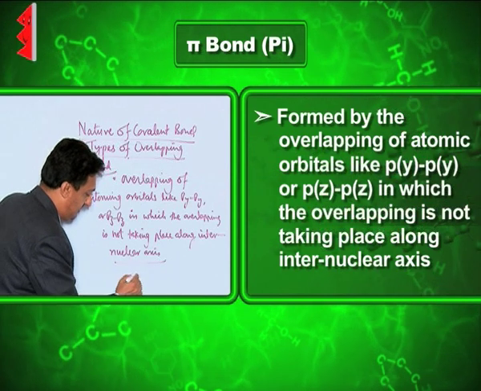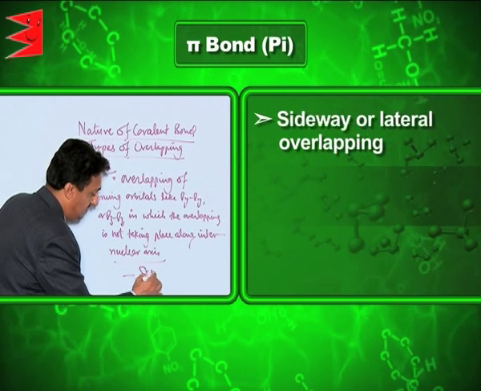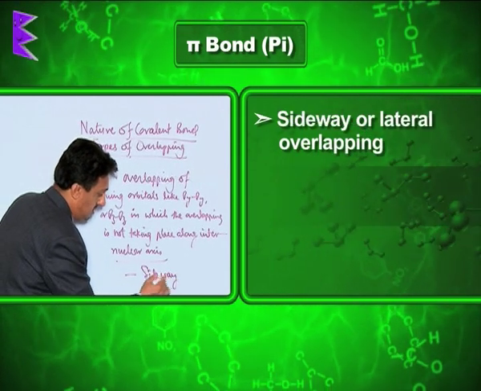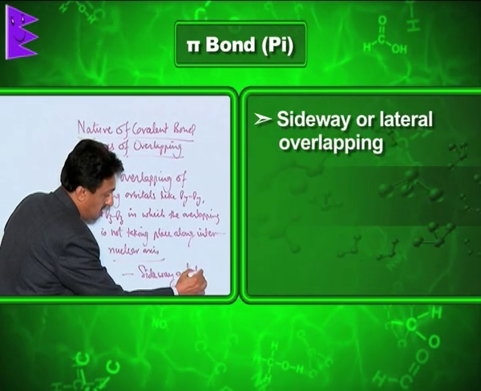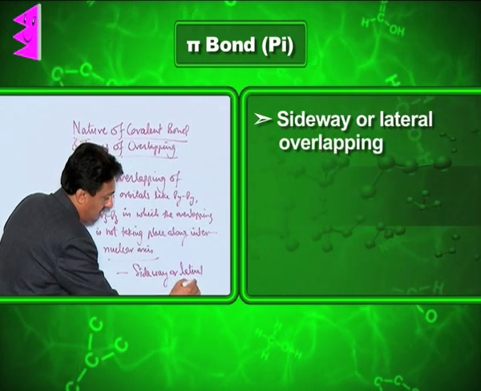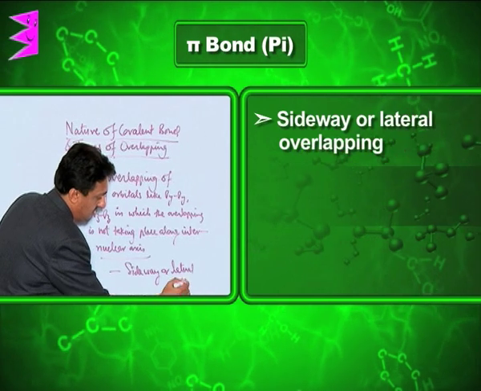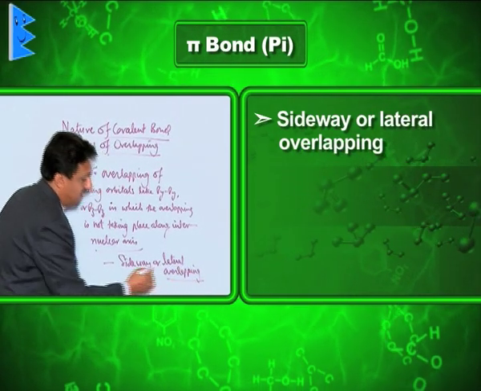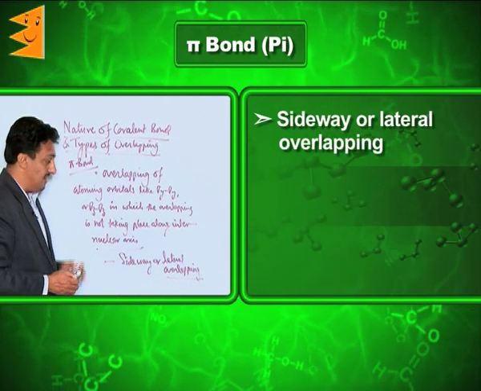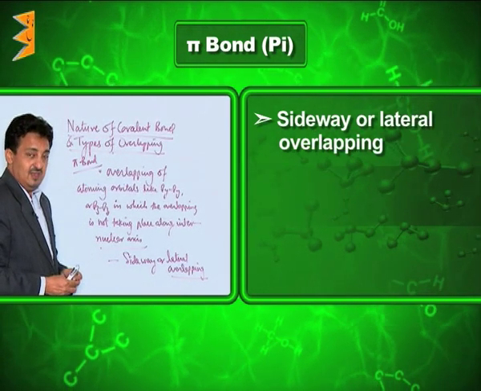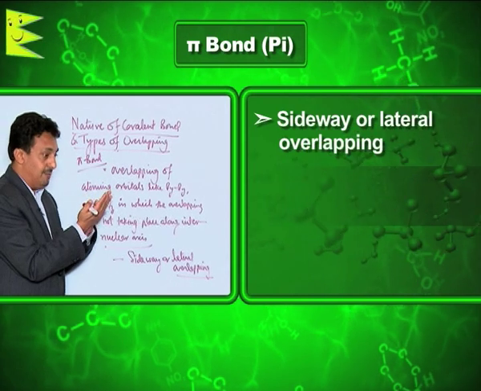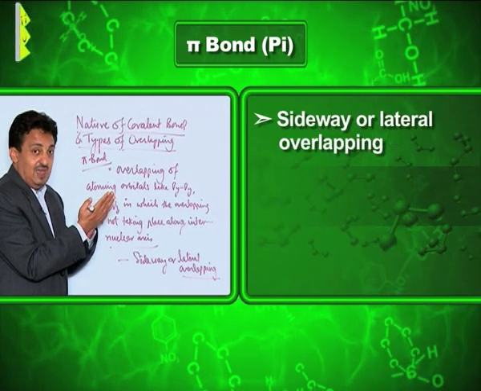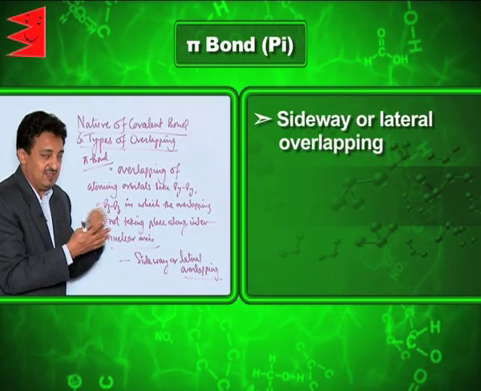So what we can write is it's a sideway or lateral overlapping, which is taking place in this case. Now this sideway or lateral overlapping is not as large as we have in the case of the sigma bond.